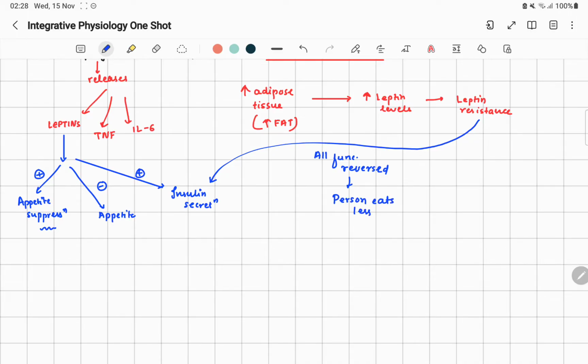Understood? This is the alteration of leptin action. Lack of exercise, availability of energy dense food, stress, some disorders, and less sleep all affect your leptin functioning.